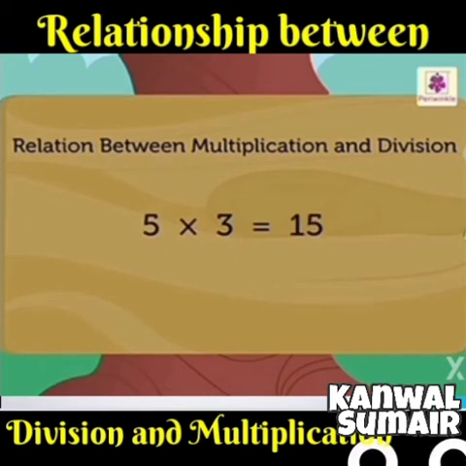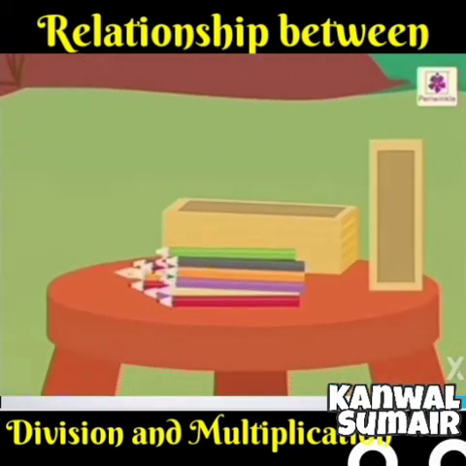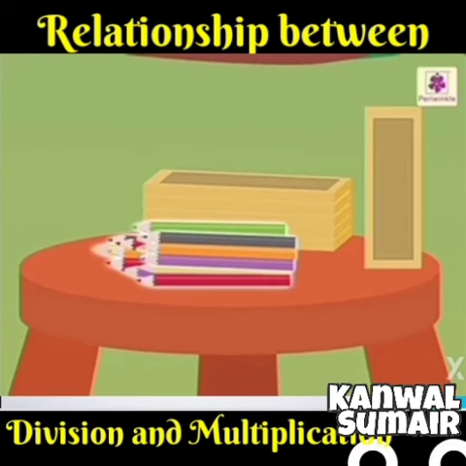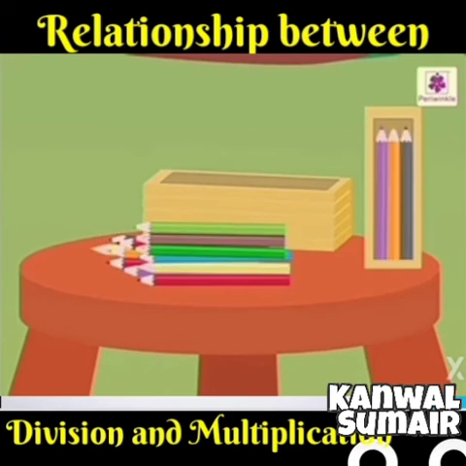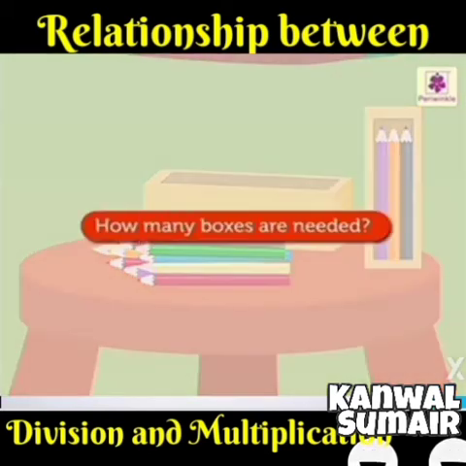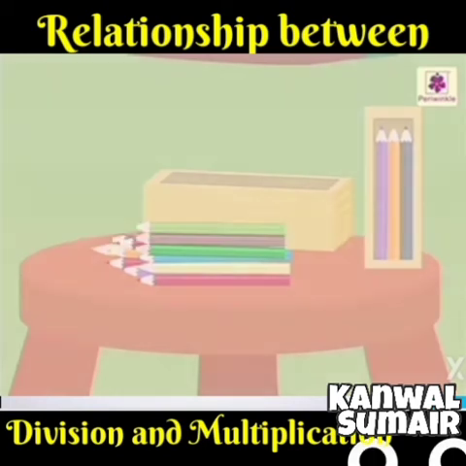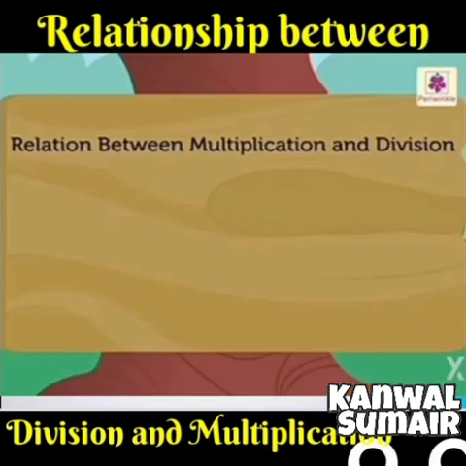Now, let us look at it in another way. There are 15 pencils. If each box can accommodate 3 pencils, then how many boxes are needed for 15 pencils? So, here we need to divide 15 by 3 to find the quotient.